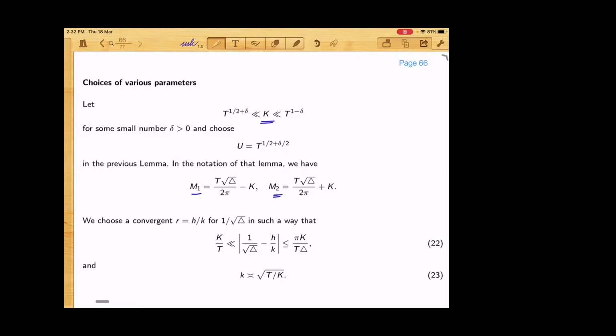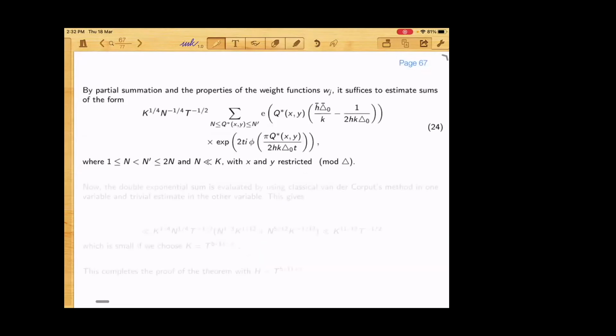So with this choice, the crucial sum is estimated. It gives k to the power 1 by 4, n to the power minus 1 by 4, t to the power minus half times this double exponential sum.